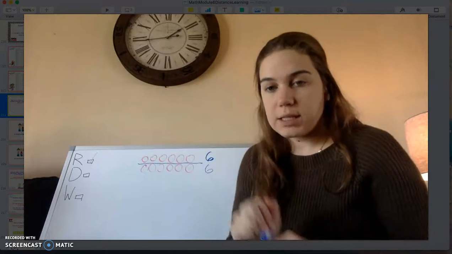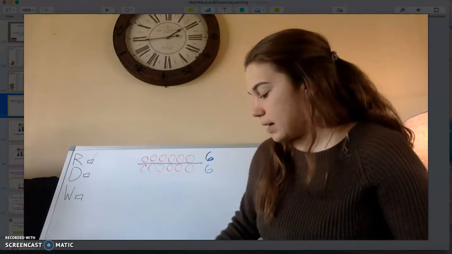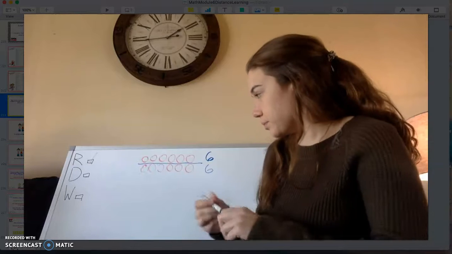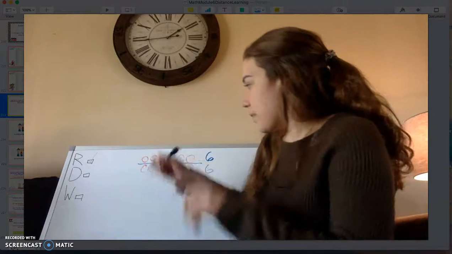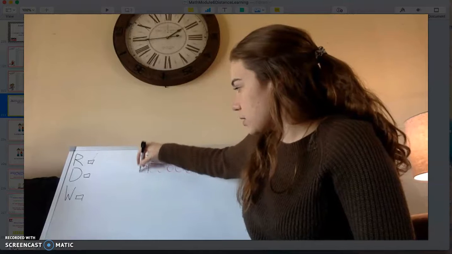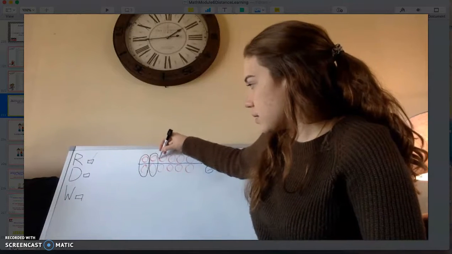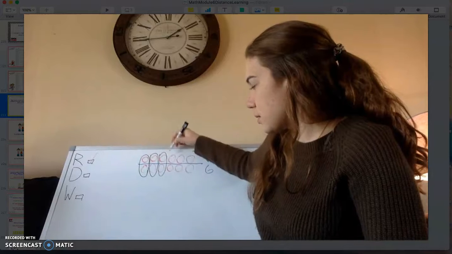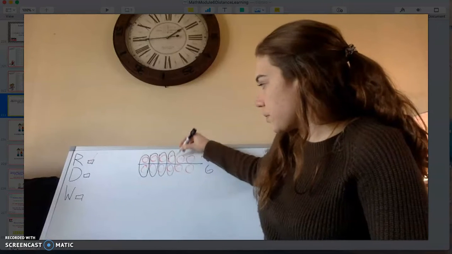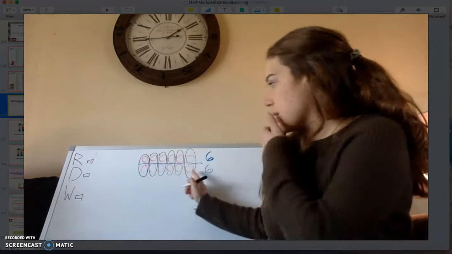We can check this by pairing them, by putting our numbers into pairs. So if I pair up, I can pair it like this. So there's 2 together, another 2 together, another 2 together, another 2, another 2, and another 2.